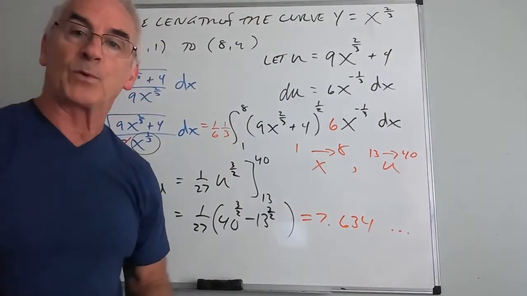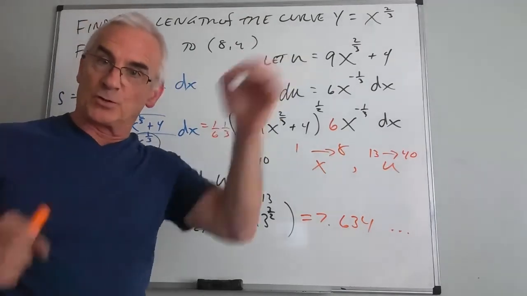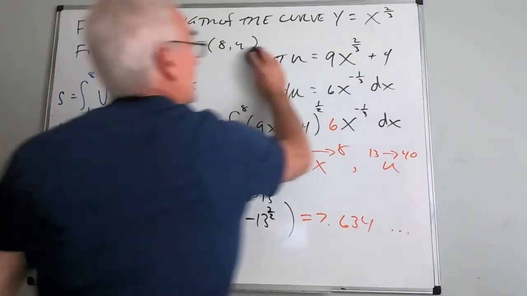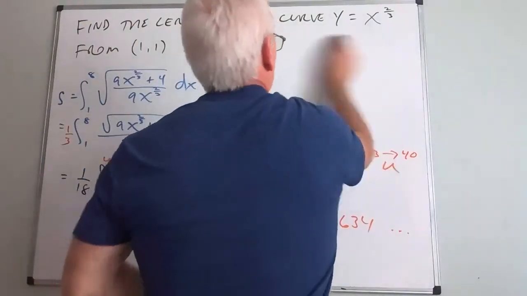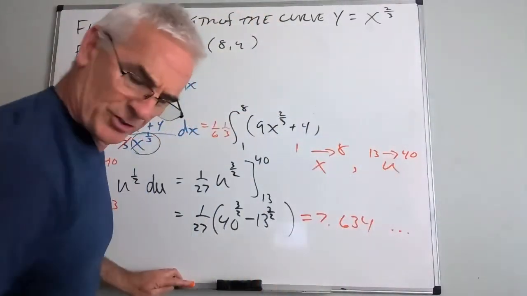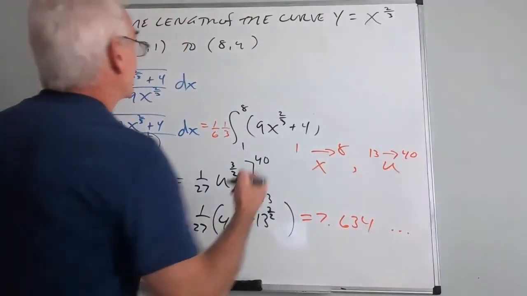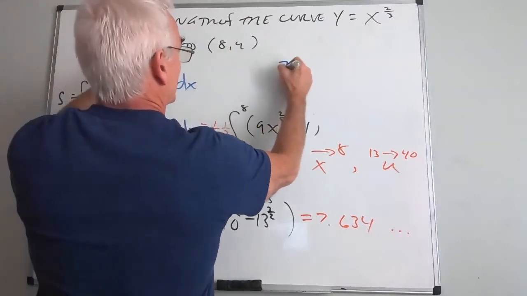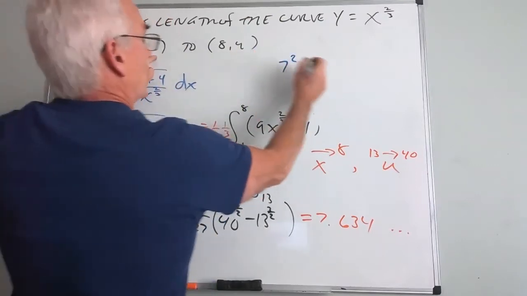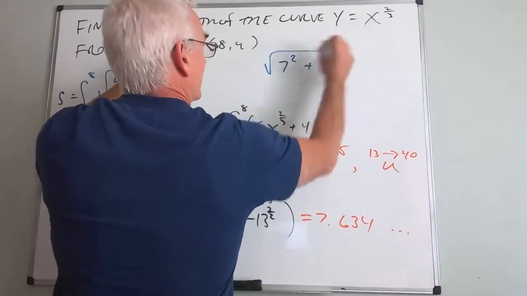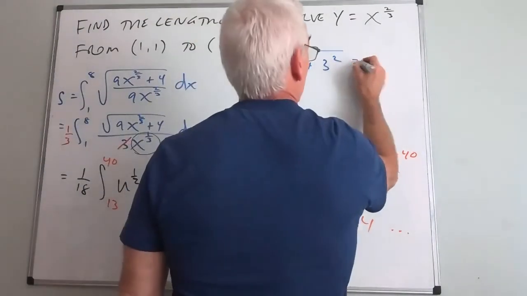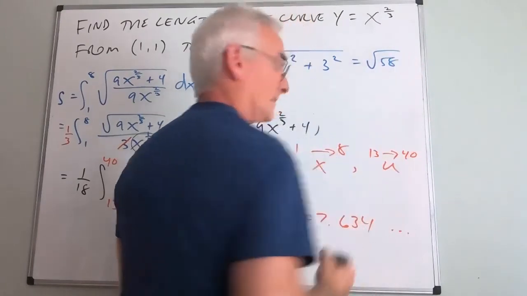Now, I said if we find the length of the line segment joining those original 2 points, that line segment should be shorter, but it shouldn't be way shorter. So distance formula, right? 8 minus 1, that's 7. 4 minus 1, that's 3. That's the length of the line segment. It's that simple. That's root 58.